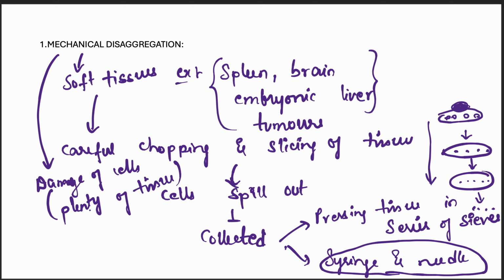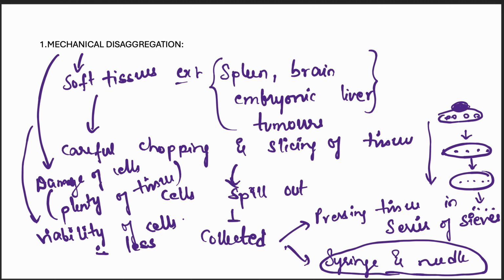And if we compare this method with the second method, that is the enzymatic method, viability is also less. There is a chance of death of cells. Viability of cells is less when compared to the enzymatic method.